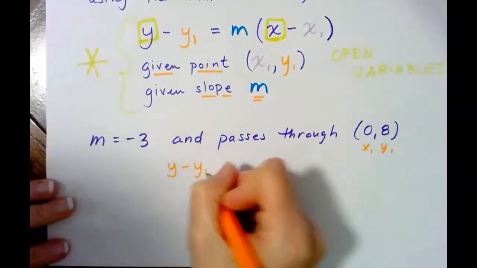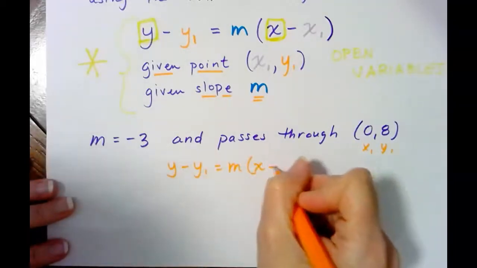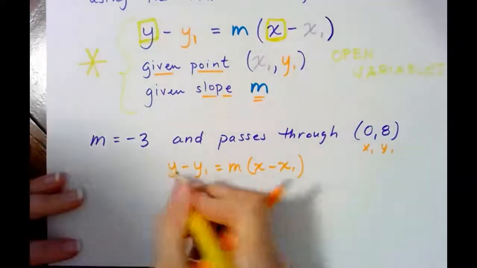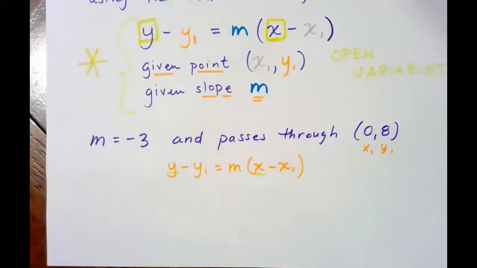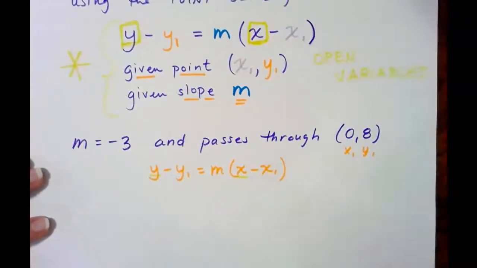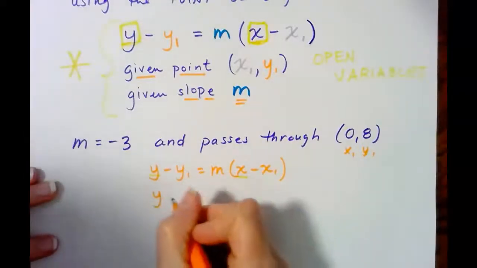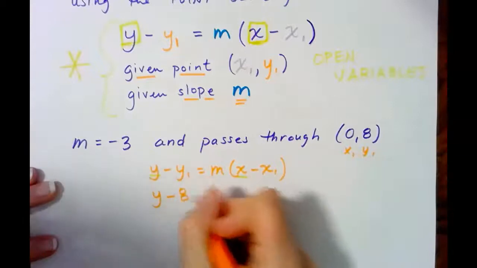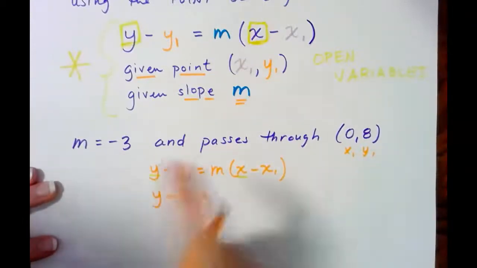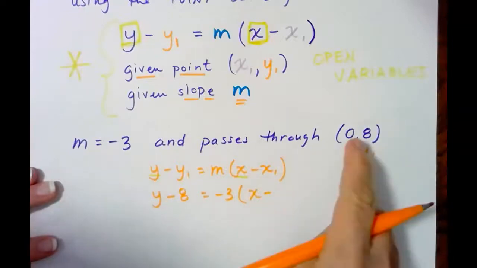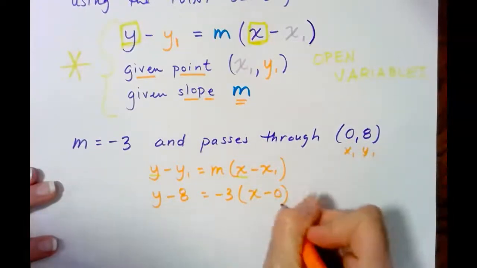So y minus y1 equals m times x minus x1. Remember, this y and this x are open variables. Do not plug anything in for those two spots. So y minus y sub 1, y sub 1 is 8, equals the slope, which is negative 3, times x minus x sub 1, which is 0.